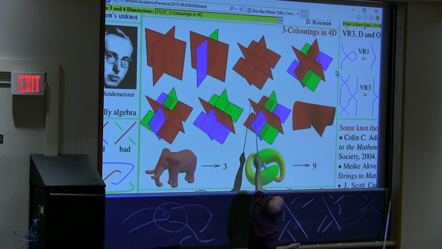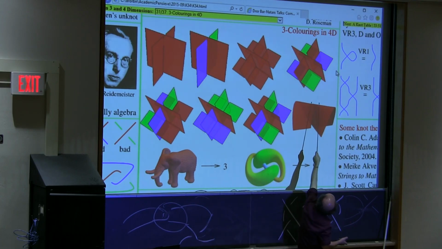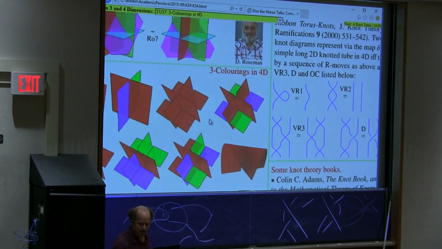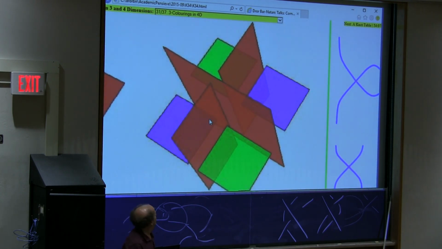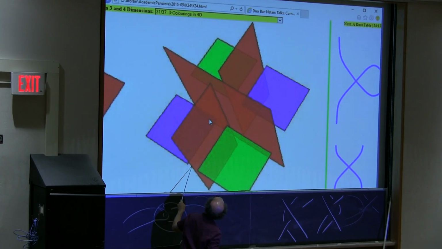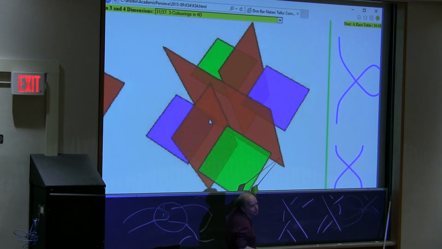So either all is red, or a configuration like this. And if you look at that configuration, again, every individual double line obeys the rules. So the vertical double line is monochromatic, and this horizontal double line is trichromatic, and this horizontal double line is also trichromatic. So everything, all the rules are obeyed.